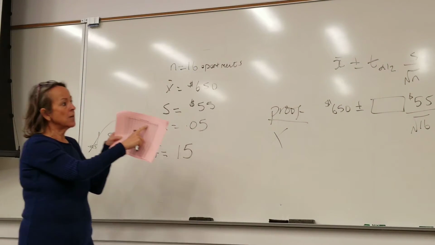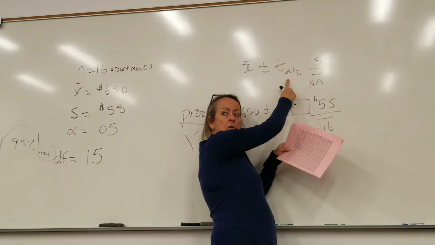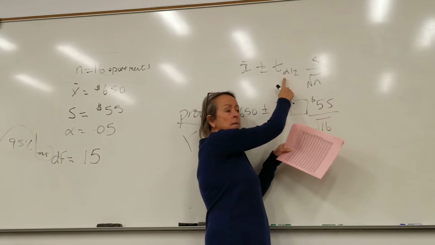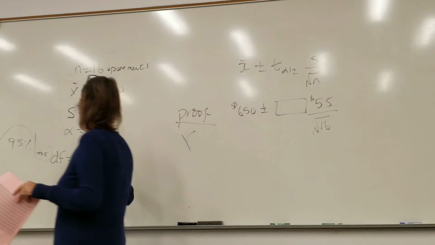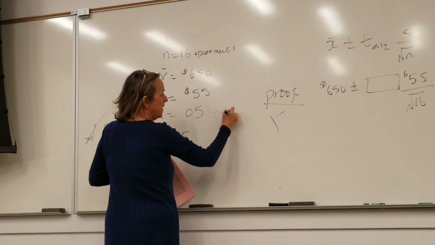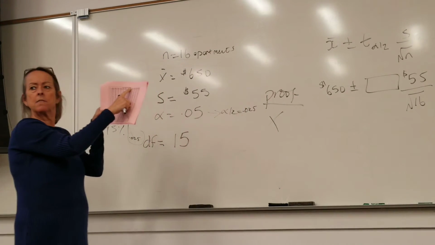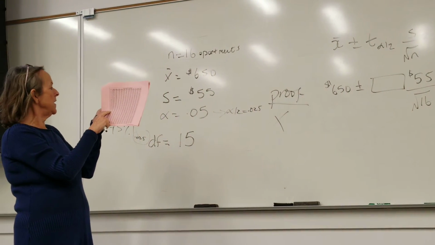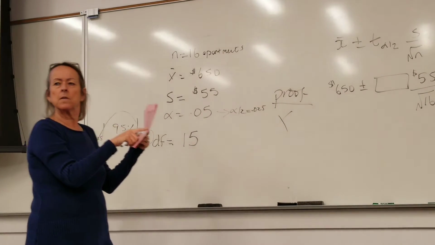You still are looking for the t for alpha divided by 2, correct? The formula says the t of alpha divided by 2, so alpha divided by 2 is 0.025. So go to 0.025, go to degrees of freedom of 15, and what is the t-score?